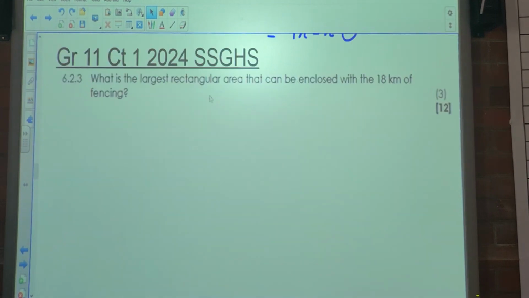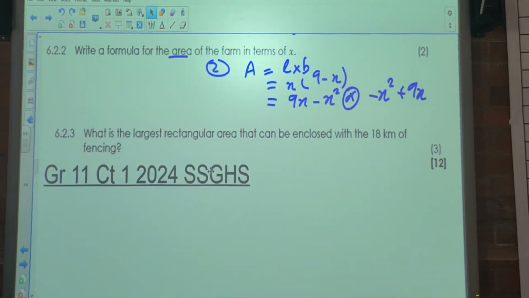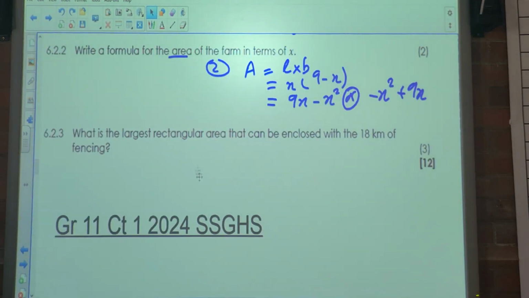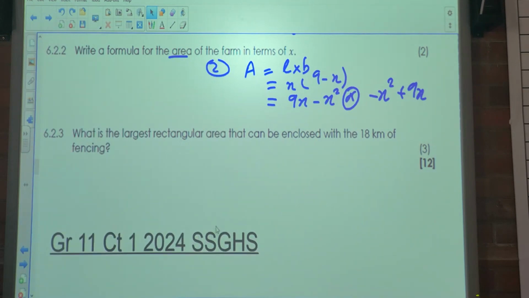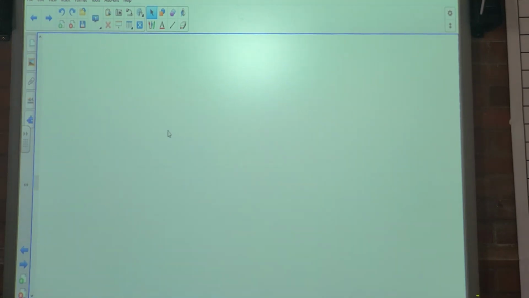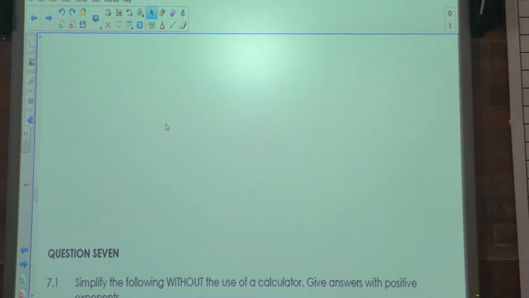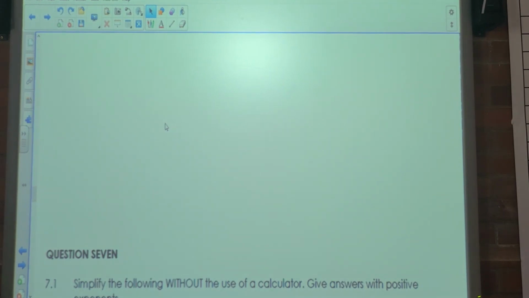Then we are told, what is the largest rectangle area that can be enclosed with an 18-kilometer fencing? Okay, so on Monday we'll wrap this up. We have another question left, isn't it? Yeah, okay, rather do it on Monday. If you have any problems, just circle the question for now. We will come back to it Monday. Okay. People enjoy the weekend.